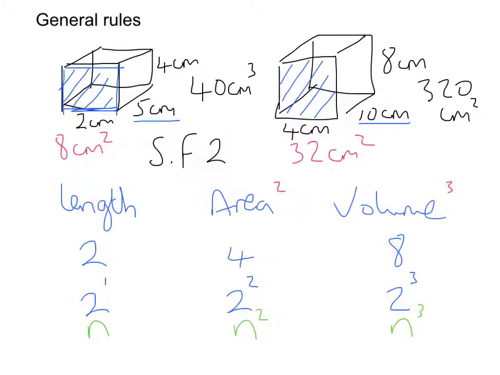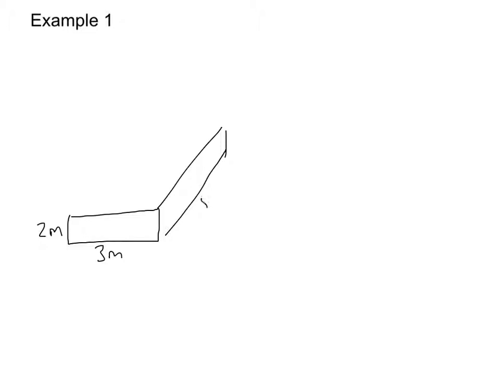Let's look at another example. Let's take another cuboid. This time it's got a height of 2 meters, 3 meters along the bottom and 5 meters coming this way. Let's work out a similar shape.